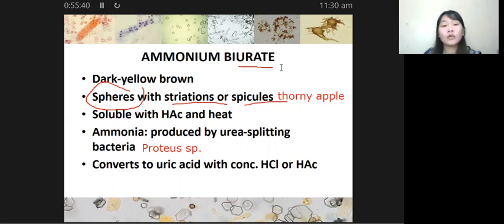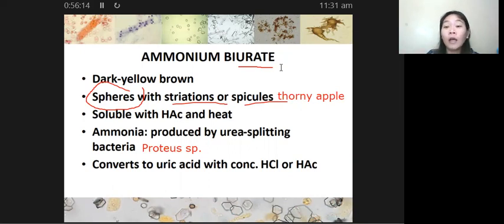So since kailangan ng ammonia sa production ng ating ammonium biurate, the presence of this particular crystal is also associated with old specimens. Of course, depende na lang kung may UTI yung pasyente, di ba, that is capable of splitting your urea, providing your ammonia.